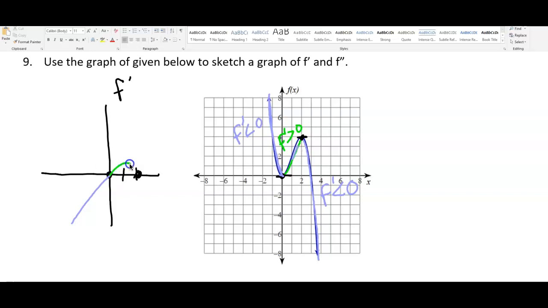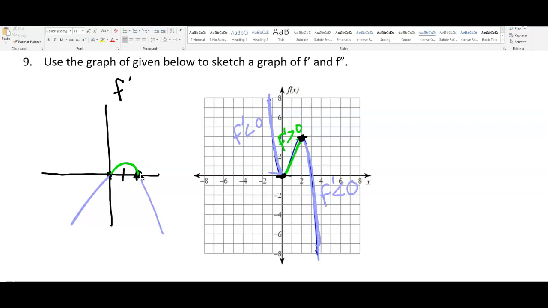So it's above the x-axis now until I get to 2, and at that point it starts sloping downwards again with a negative slope. So now my derivative is less than 0. So remember, if f prime is less than 0, then on its graph it's going to be below the x-axis. And when f prime is greater than 0, then it's going to be above the x-axis. And where f prime equals 0 at those mins and maxes, it actually is going to touch the x-axis at those points. Okay?